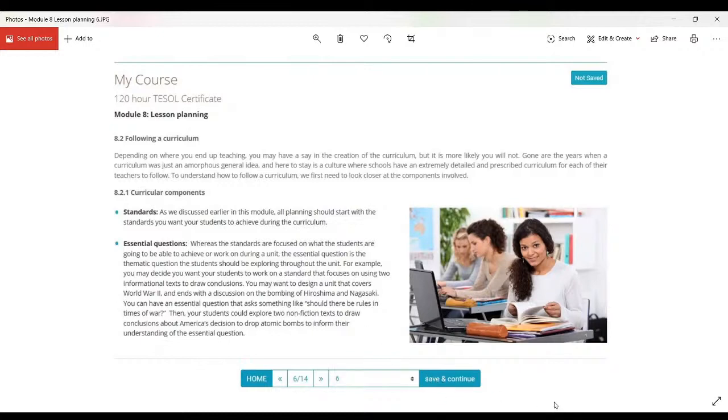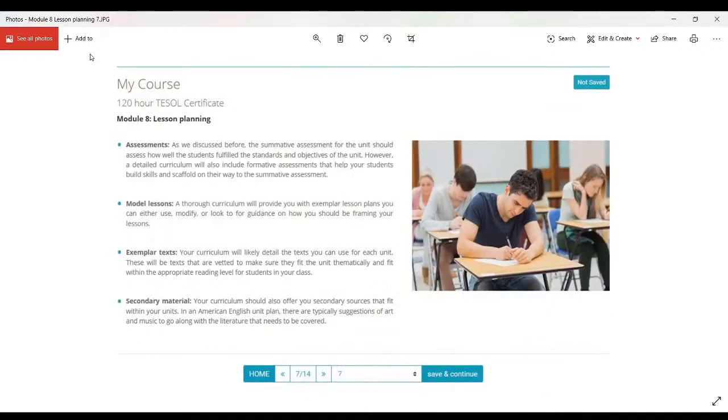Save and continue. Next, assessments. As we discussed before, the summative assessment for the unit should assess how well the students fulfill the standards and objectives of the unit.